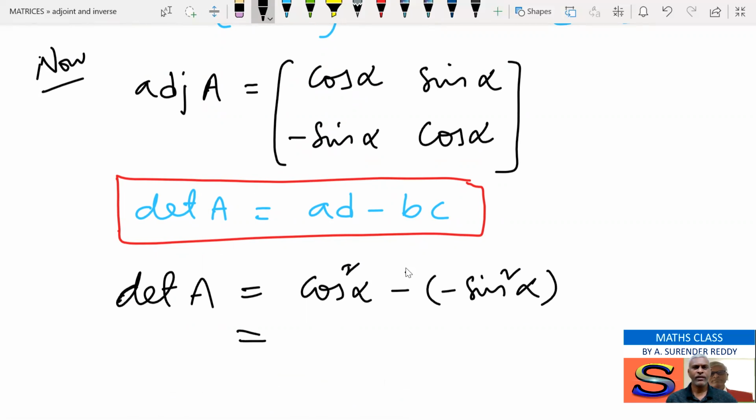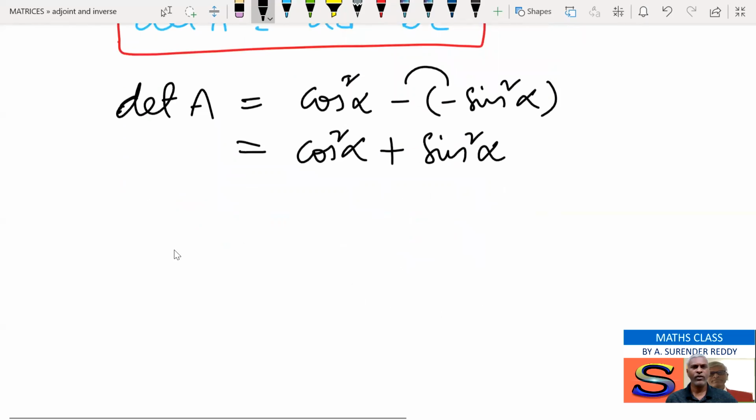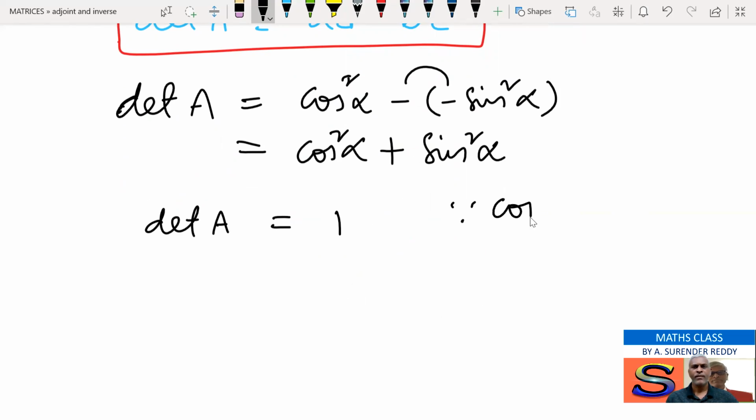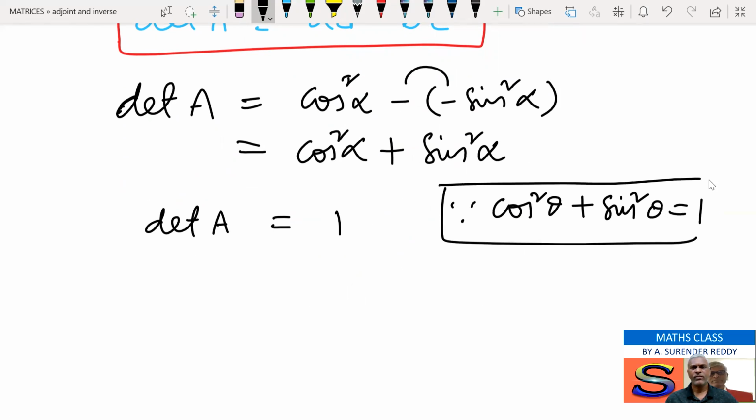Minus into minus will become plus, so cos square alpha plus sin square alpha is equal to 1. We know from trigonometry cos square theta plus sin square theta is equal to 1. So the determinant of this matrix is 1.